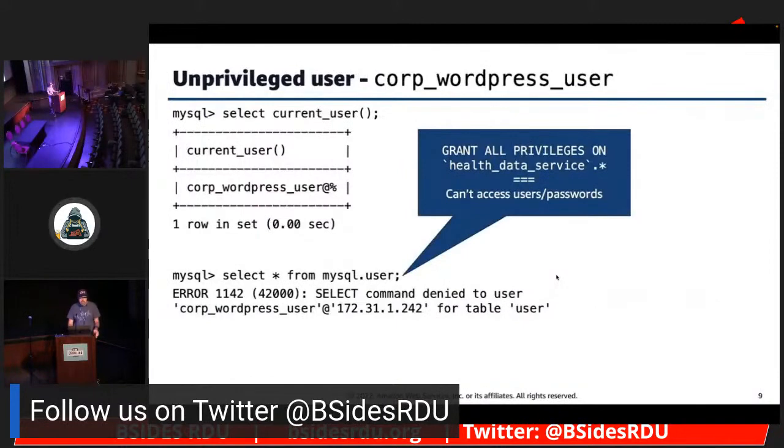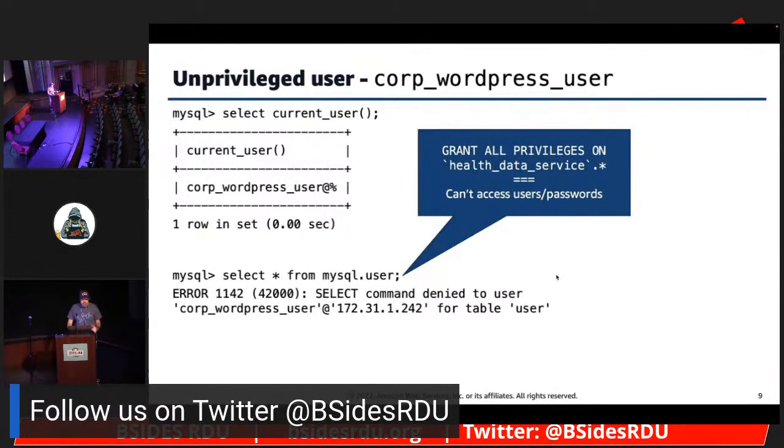If we are the core WordPress user, we are unable to read mysql.user. mysql.user is basically a table which stores both usernames and passwords. Think about this as both /etc/passwd and /etc/shadow. If you have access to that table, you will have a username and you will also have access to the hash of the password.